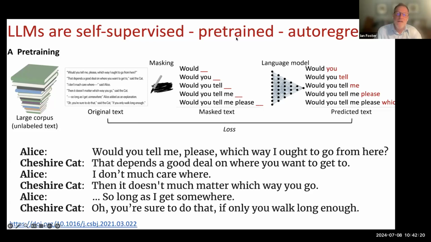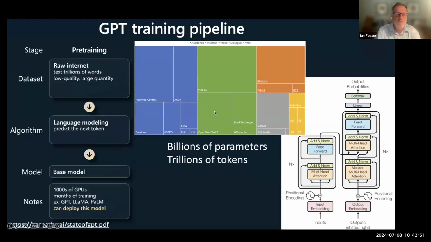We perform this pre-training process to determine the parameters. So the parameters aren't determined by any other process beyond that. And thirdly, it's auto-regressive in the sense that we keep presenting the model with sequences of tokens so that the prediction made for the fifth token will depend on the predictions made for the fourth, third, second, first, etc. tokens. So those are terms that you'll come across as we go forward.